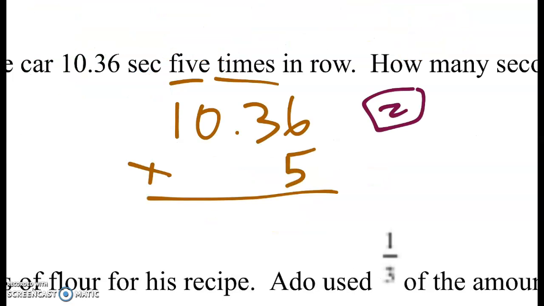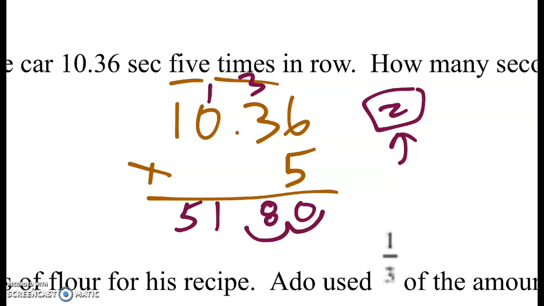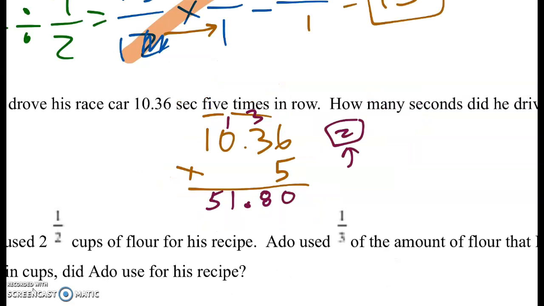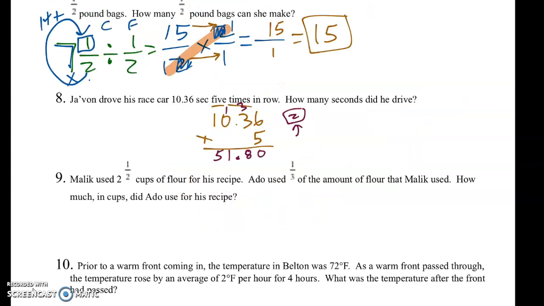Now let's just multiply. 5 times 6 is 30. Carry the 3. 5 times 3 is 15 plus 3 is 18. 5 times 0 is 0. Plus the 1 is 1. And 5 times 1 is 5. Don't forget this right here. Bring that decimal back in twice. Once, twice. So it is 51.80, or 51 and 8 tenths.